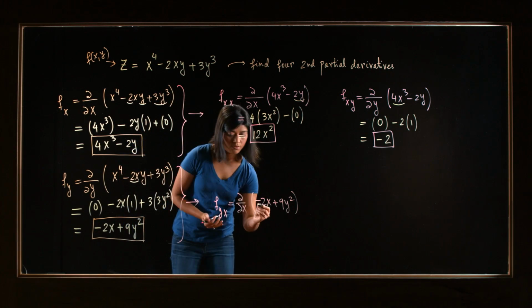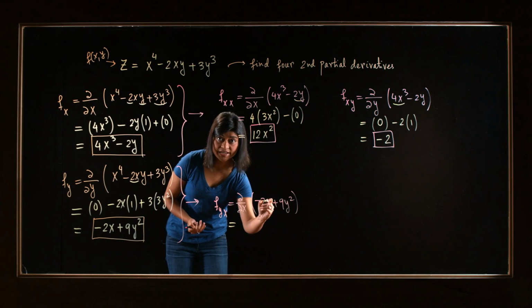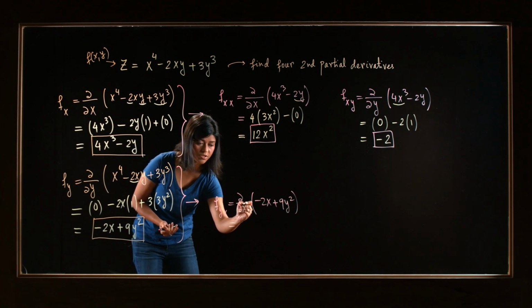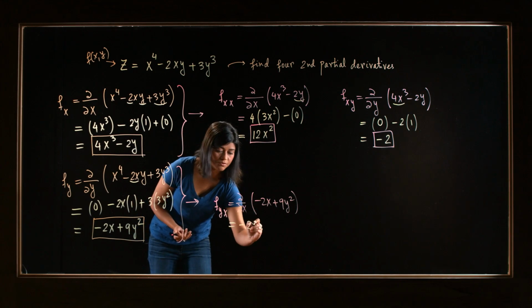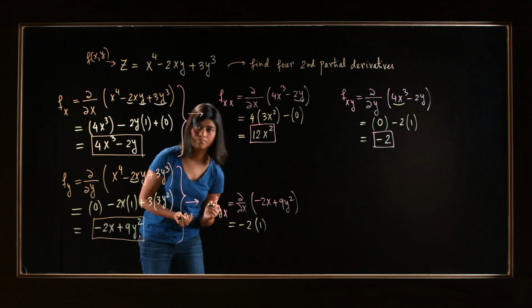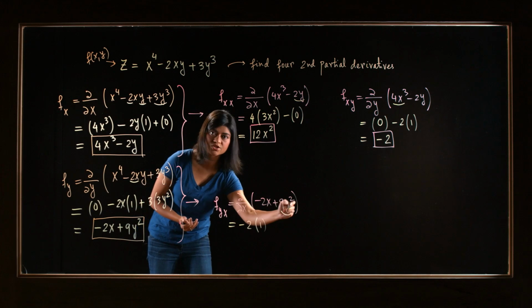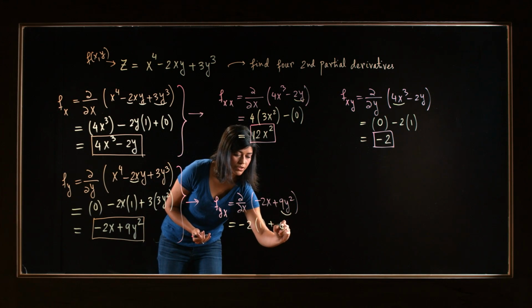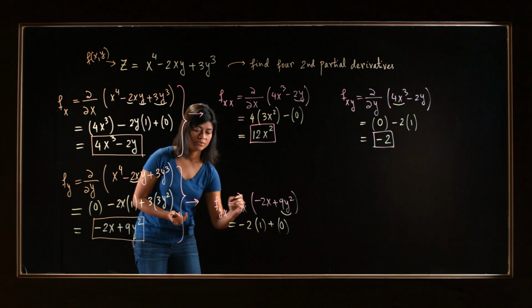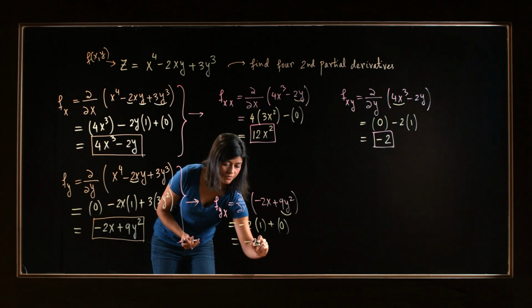The first term is negative 2x and you're taking the derivative with respect to x, so pull out negative 2, the derivative of x is 1. In the second term, the entire thing is a constant because there is no x, so the derivative is 0. The answer is negative 2.